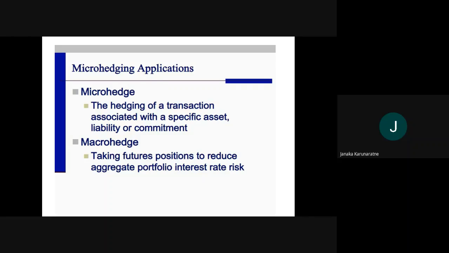Now, another example: you want to sell. You have a particular treasury bond, not the portfolio, which matures in 2024, but you want to sell it in 6 months' time. So what is the risk there?